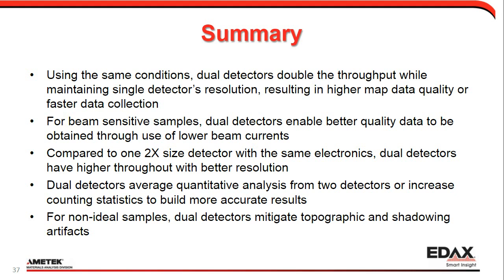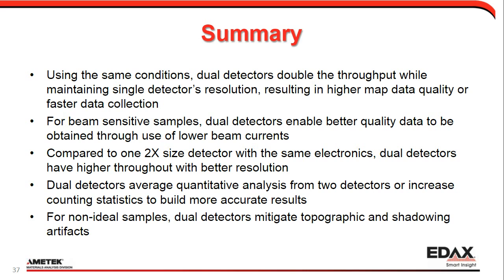So you can't just crank up the current to get better statistics with a single detector, but here dual detectors will give you the ability to have better data quality in the same amount of time as a single detector with lower beam currents. In general, if you have a detector of twice the size, dual detectors will have higher throughput and better resolution because we can run each individual detector slower and still maintain the same output count.